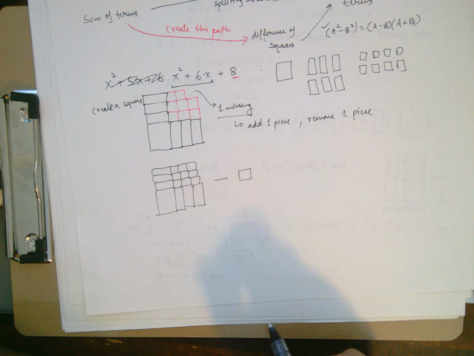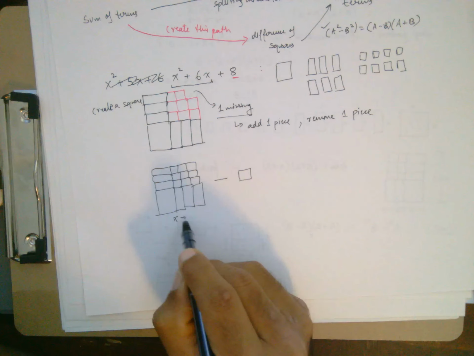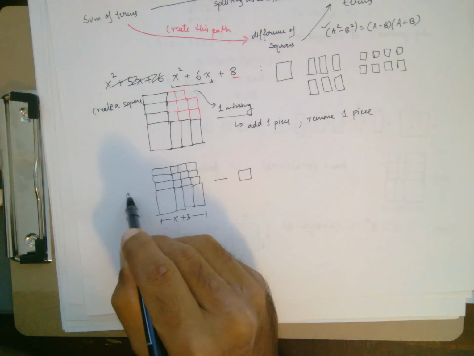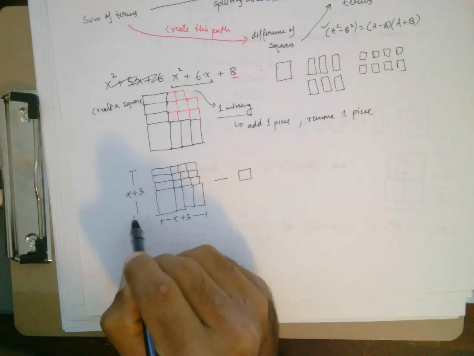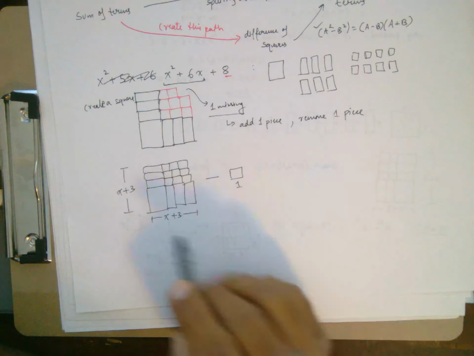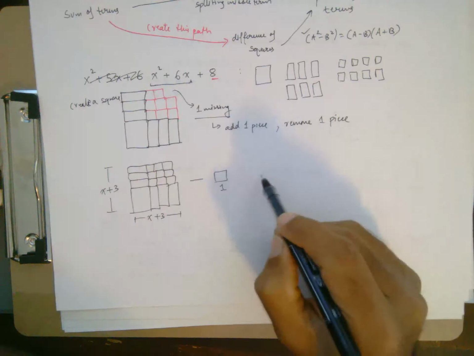Subtract one tiny small piece. What does that mean algebraically? This is x plus 3, this is x plus 3, and this is 1. Now if I look at the areas, the area is going to be x plus 3 squared minus 1.